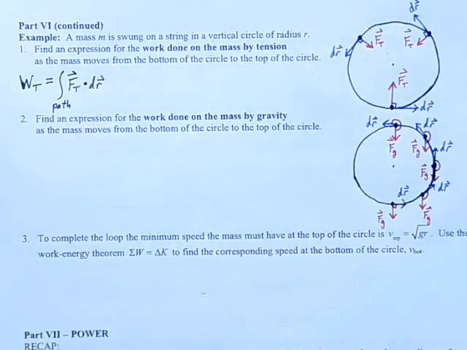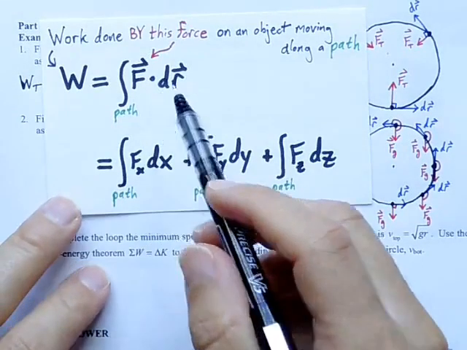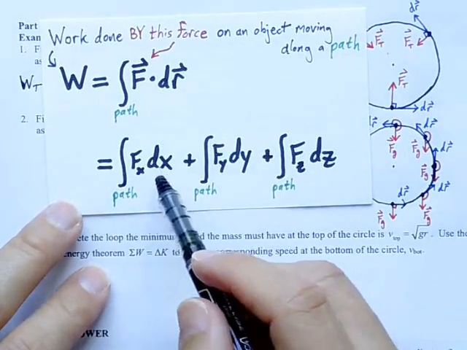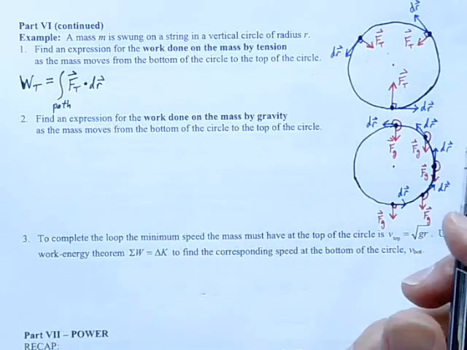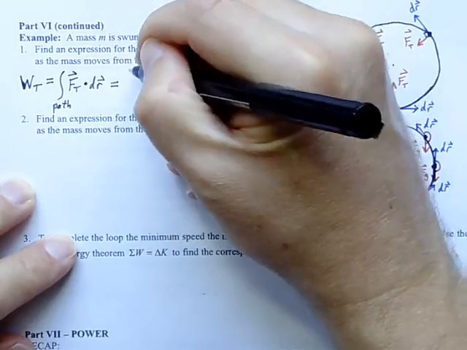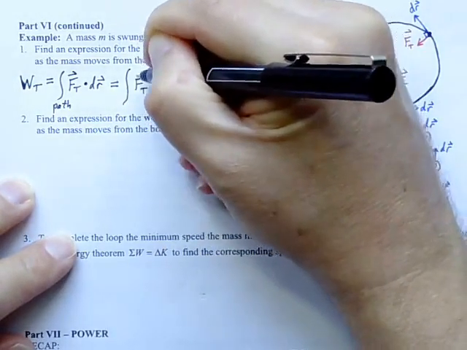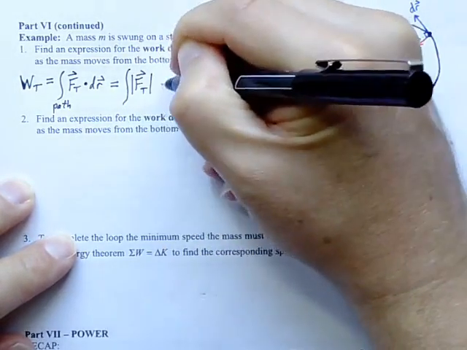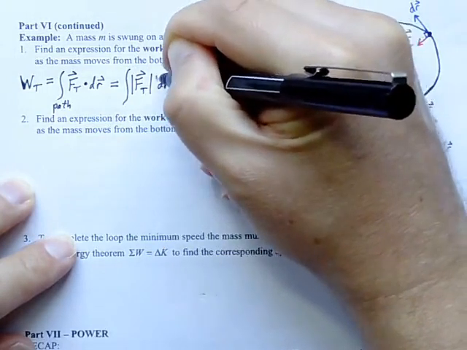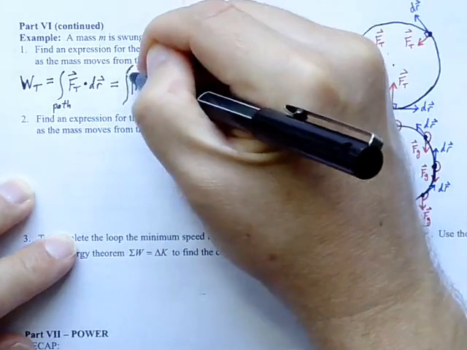This time, instead of expressing the dot product as the sum of the products of the components, I want to use the other definition of a dot product. Let's note that F_T dot dr can also be written as the magnitude of F_T times the magnitude of dr times the cosine of the angle between them.